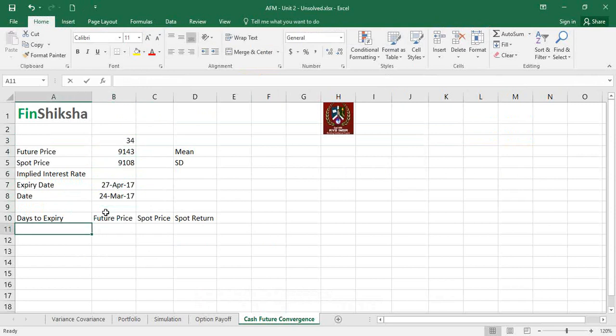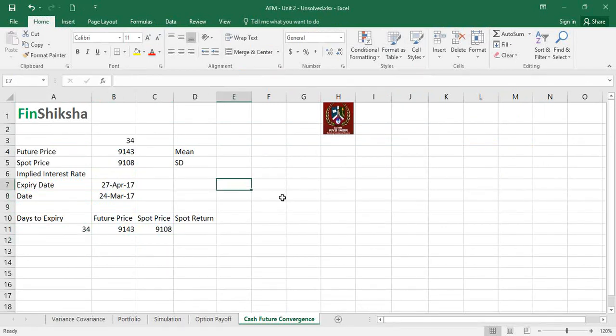Or I can start with this number and say 34 days to expiry is A minus B. Future price is given to us, spot price is given to us. Now we're going to project this as we go along, and we'll just make life simpler. We can actually figure out the Saturdays and Sundays and work that, but we're using discrete pricing changes and not continuous changes.